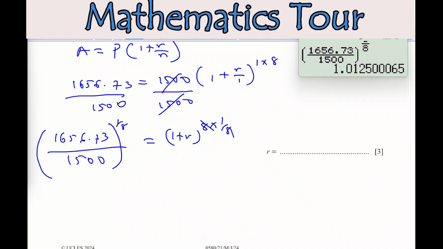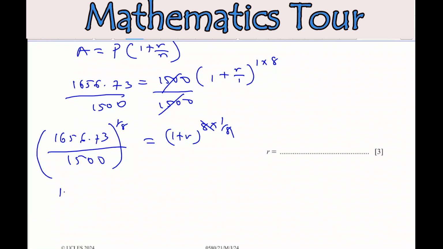So you have 1.0125, to be equal to 1 plus r. From here we can easily solve for the value of r. So that will be 1.0125 minus 1 equals r.